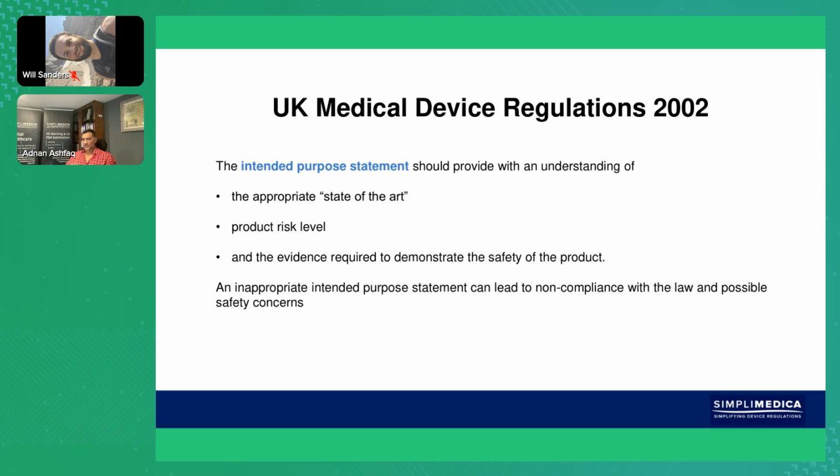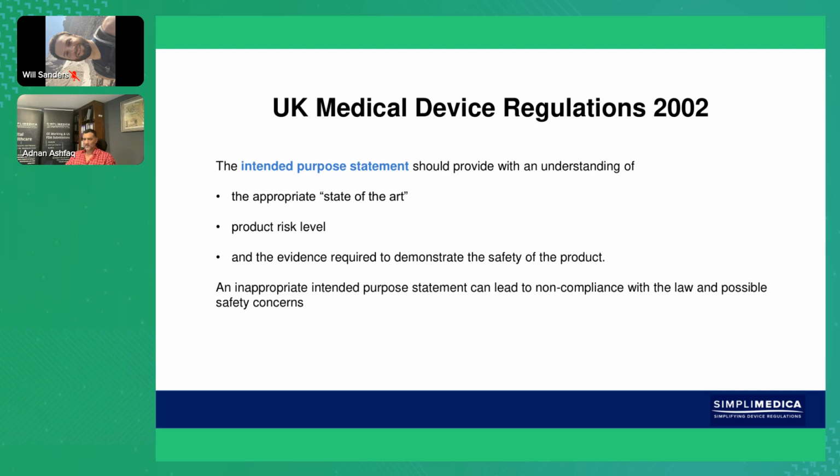It then goes on to say that the intended purpose statement should provide an understanding of the appropriate state of the art, the product risk level, and the evidence required to demonstrate the safety of the product. An inappropriate intended purpose statement can lead to non-compliance with the law and possible safety concerns.